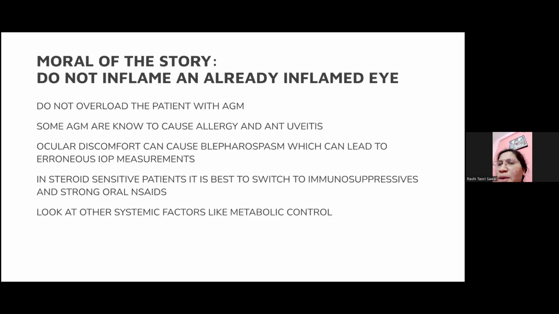And granulomatous KPs in HLA-B27, it is non-granulomatous by definition. So if you are seeing granulomatous KPs, then definitely it is not HLA-B27, even if the test has come positive.